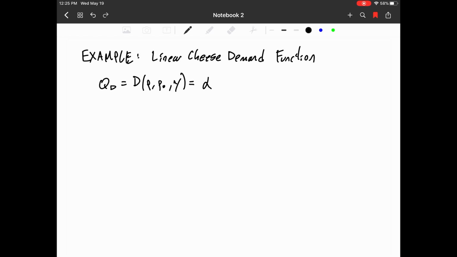So first we're going to set up our intercept, and we'll just call this alpha. Then we're going to introduce a second parameter, beta, which is what controls the relationship between price and quantity.